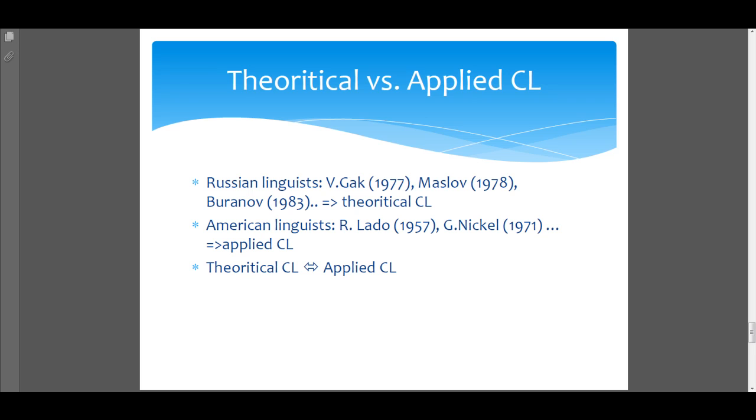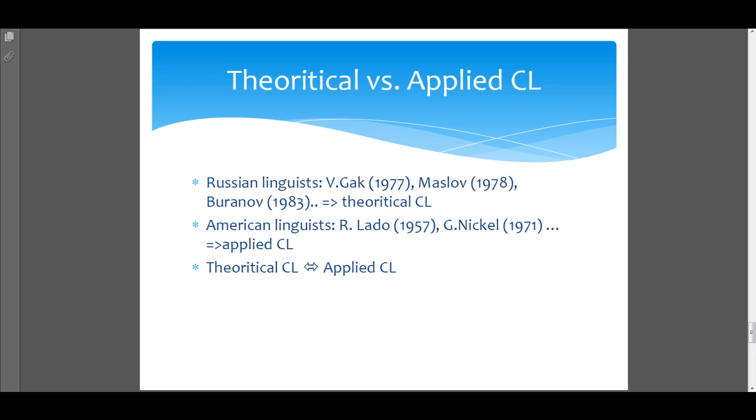So the American school is more on the applied contrastive linguistics side, while Russian linguists are on the theoretical contrastive linguistics side. However, there is a very strong mutual connection between these two schools.